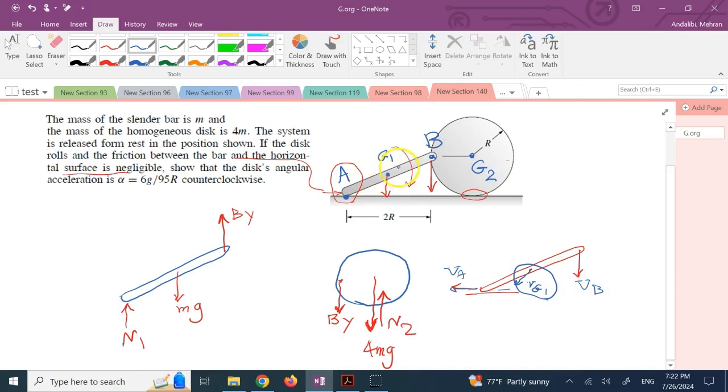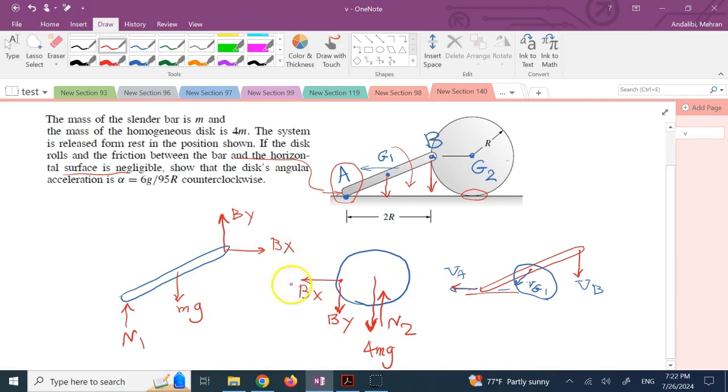And if that's the case, this object in general wants to come down and to the left, it is going to pull this disk with itself to the left. So the force that it is going to apply to the disk is like this. This is your Bx. Of course, the reaction of that is going to be like that.